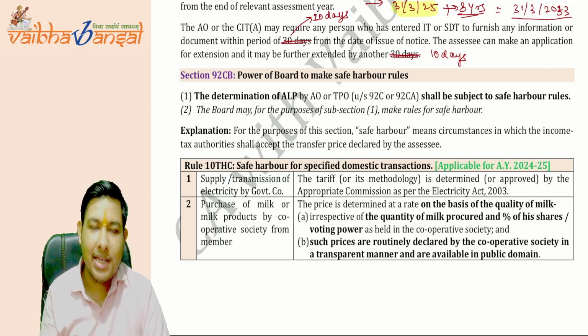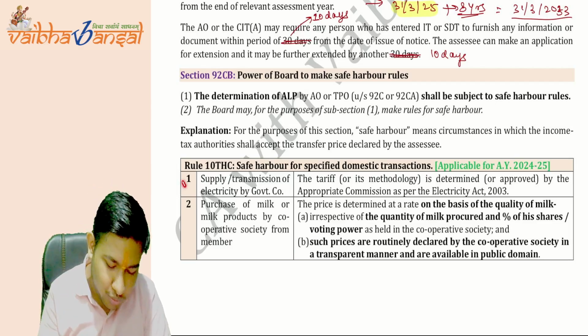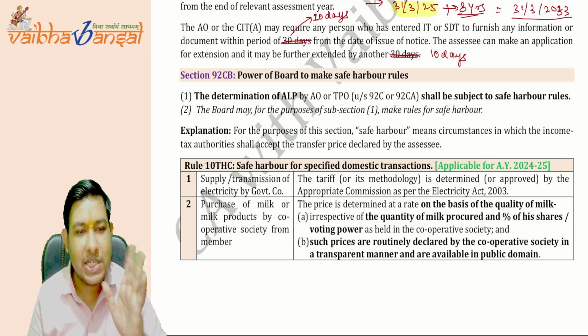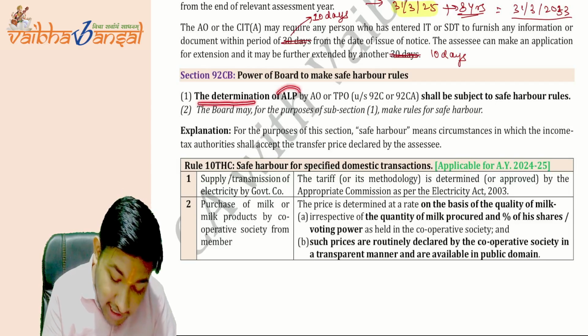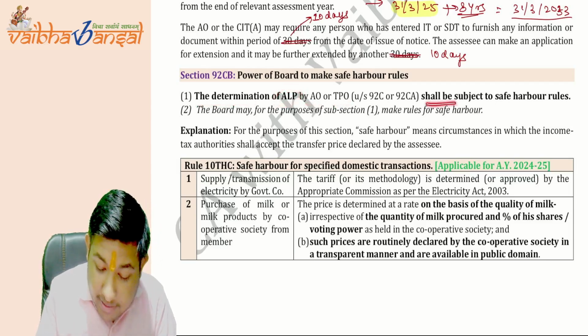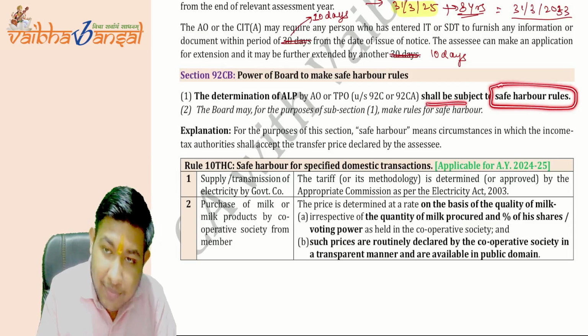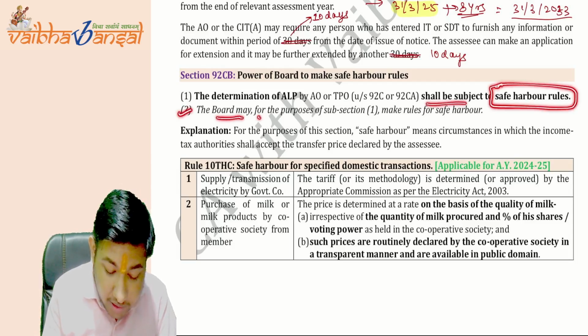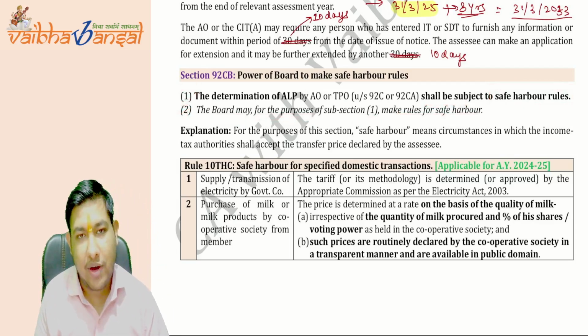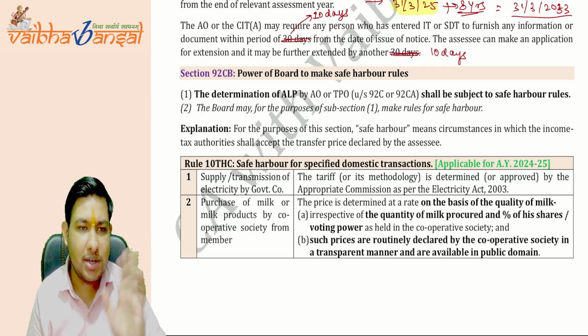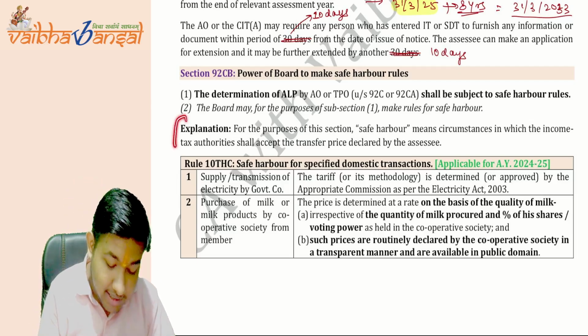These are the only two cases. It is just like presumptive taxation under the PGBP. The determination of ALP by the AO or TPO shall be subject to the safe harbor rules. The Board may, for the purpose of subsection 1, make rules for the safe harbor. This is the whole explanation 9B. Now there is some explanation.